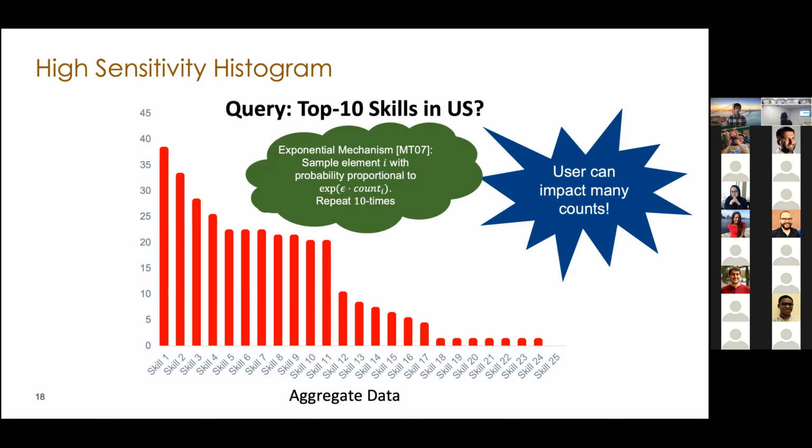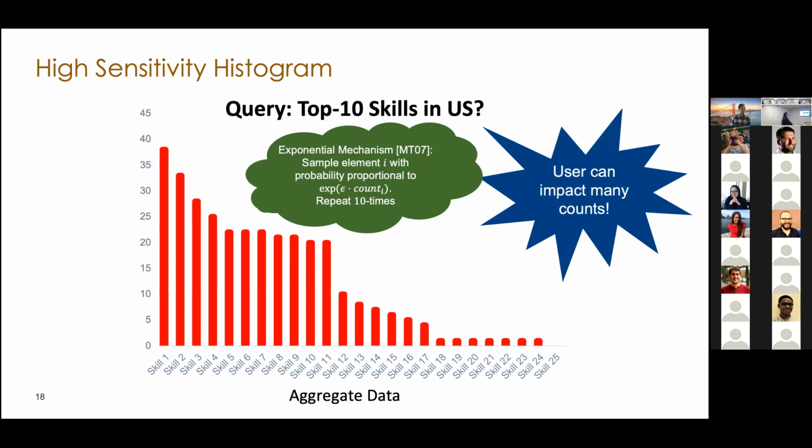We sample each element with some probability that's proportional to the exponent of the count. So the larger the counts are, the higher the chance we'll select those elements. To implement the exponential mechanism for top K, you select the top one, remove that from your domain, then select the second highest, and the third, fourth, and fifth, all the way up to 10.